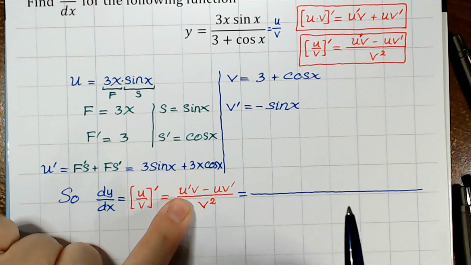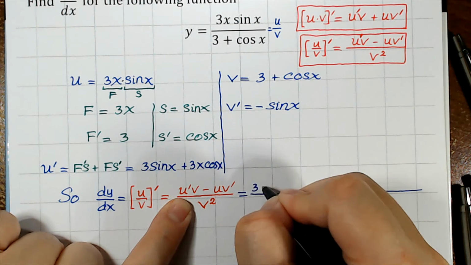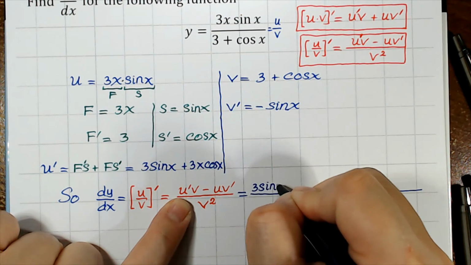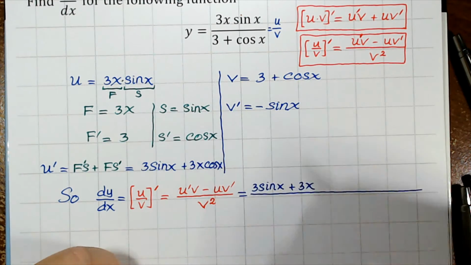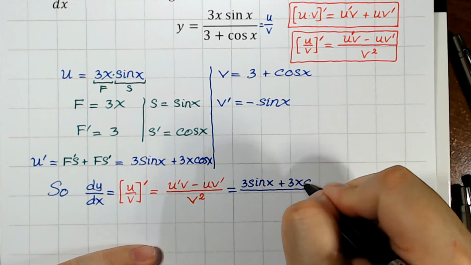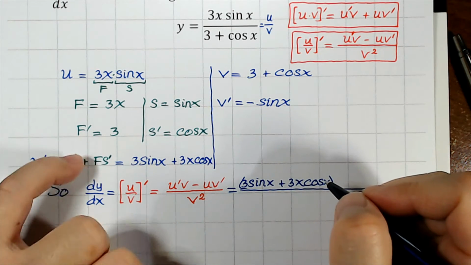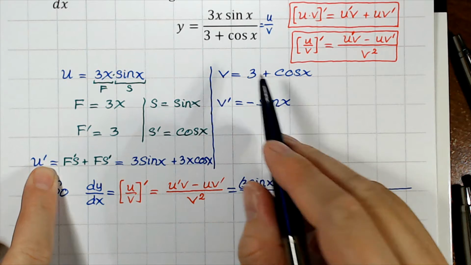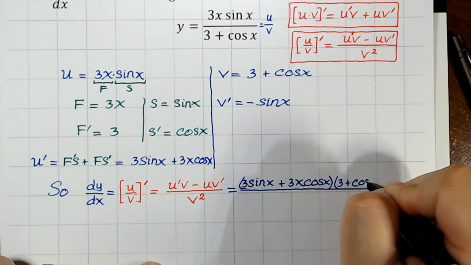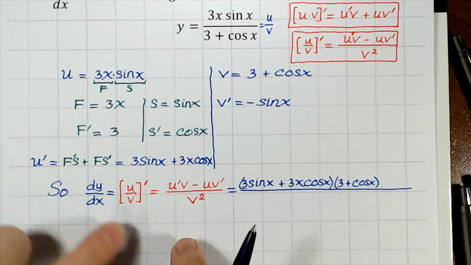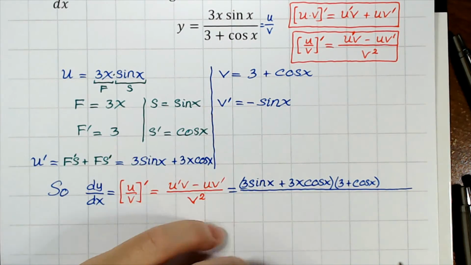So u prime is this, 3 sine x plus 3x cosine x. That is u prime, and then v is 3 plus cosine x. So u prime v and then u v prime.